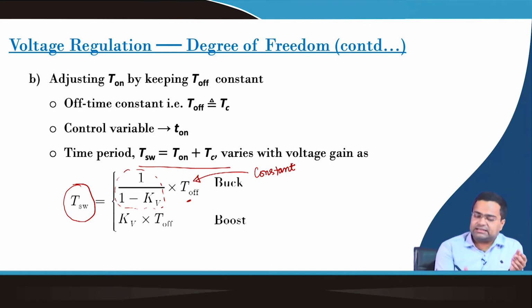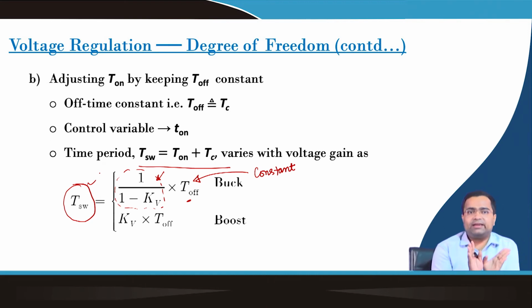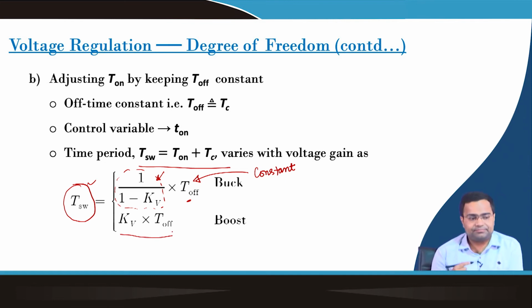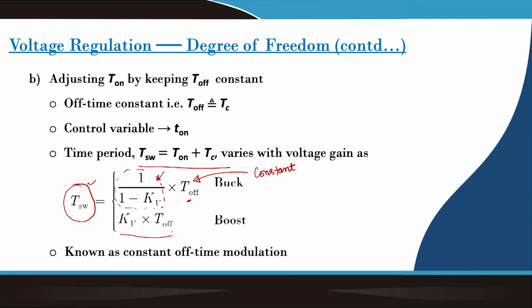If kV changes, this function changes, but the off time is constant, so the time period varies. That means any variation in kV will also change the time period. The same thing holds for the boost converter, only the expression is different. This technique is known as constant off time control.